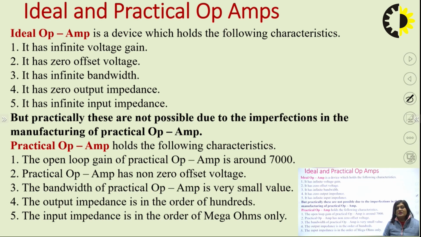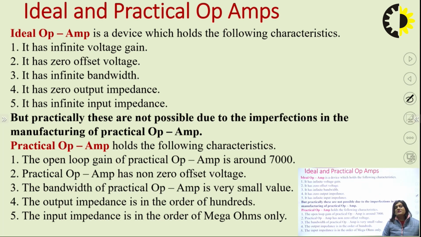In the ideal op-amp we have seen the gain is infinite. So if we give a very small input voltage, we get the maximum output, which is limited by plus VCC and minus VCC. And there is also a zero offset voltage.